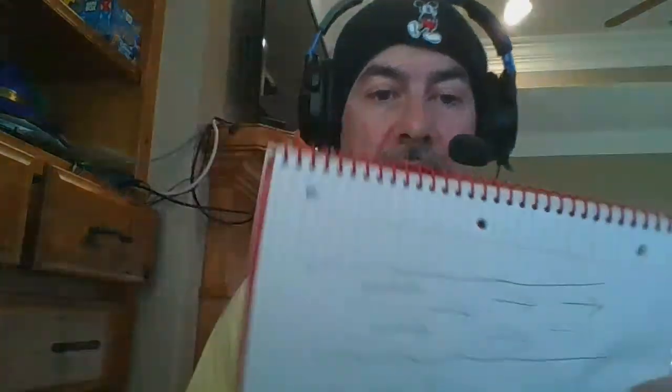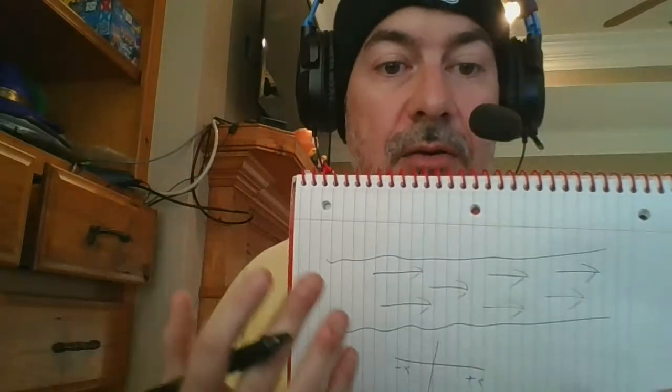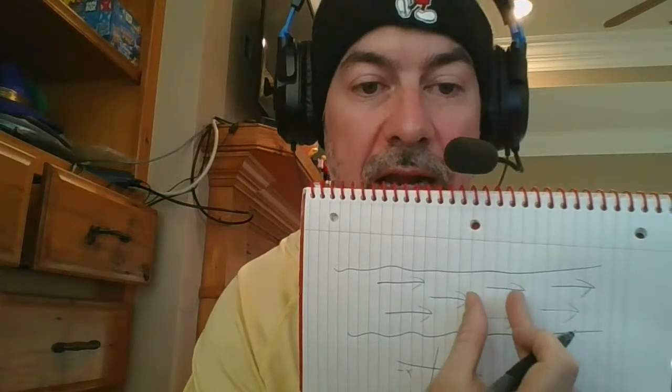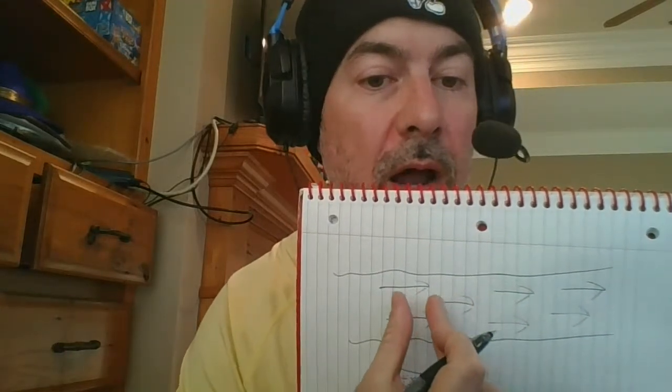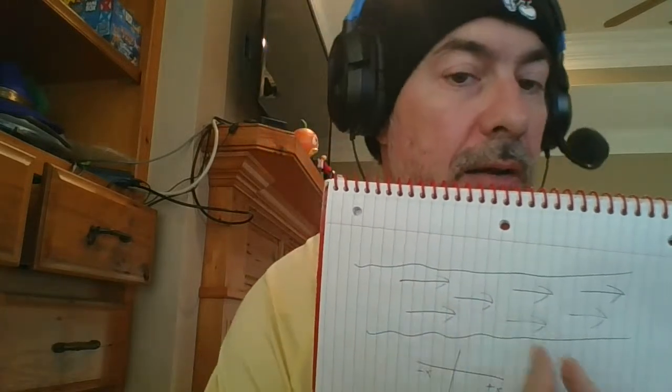So if we looked at the Cartesian plane, positive x, negative x, and the flow of the river is a positive acceleration, the rubber ducky will be positively accelerating, slowing down while it moves in the negative, and speeding up while it moves in the positive.